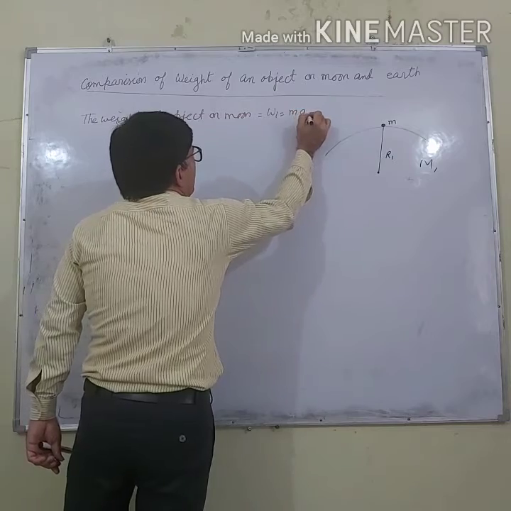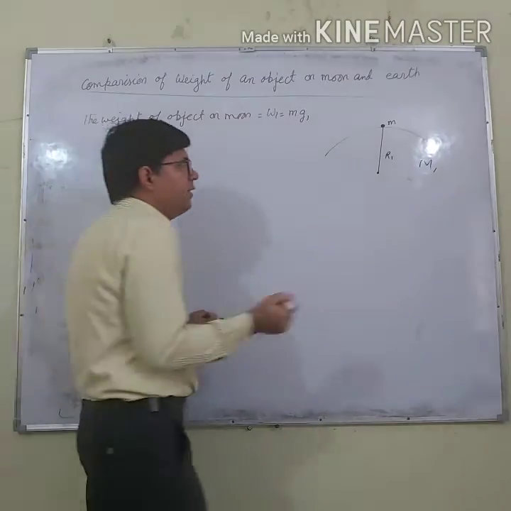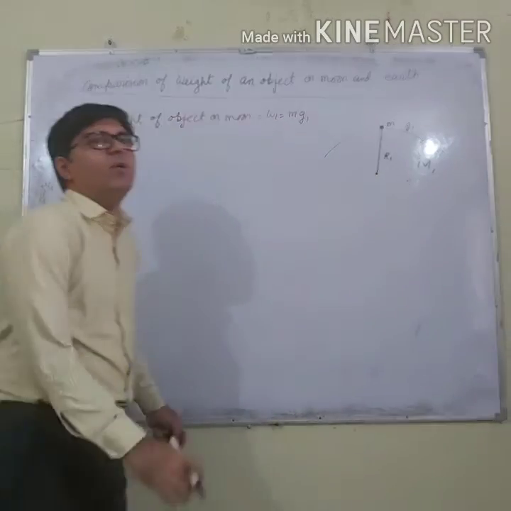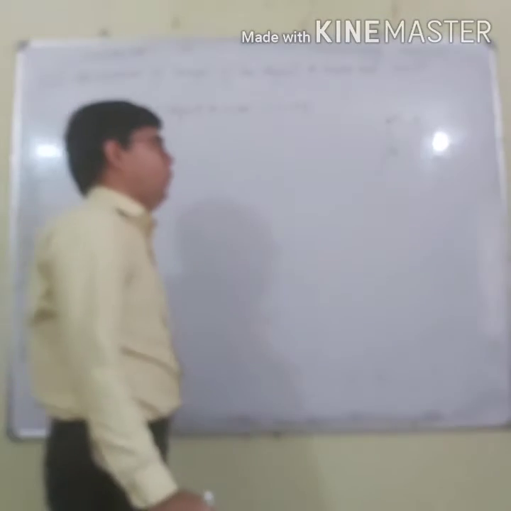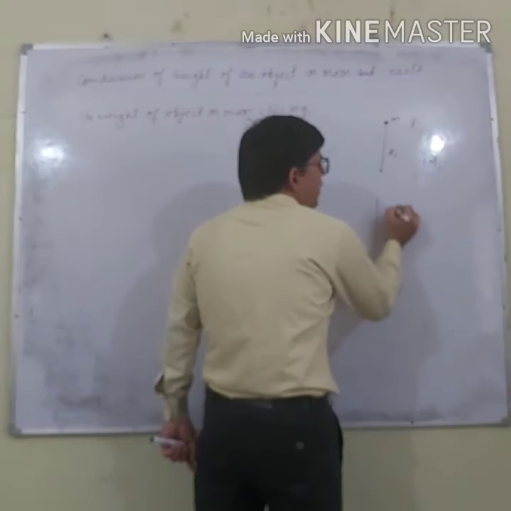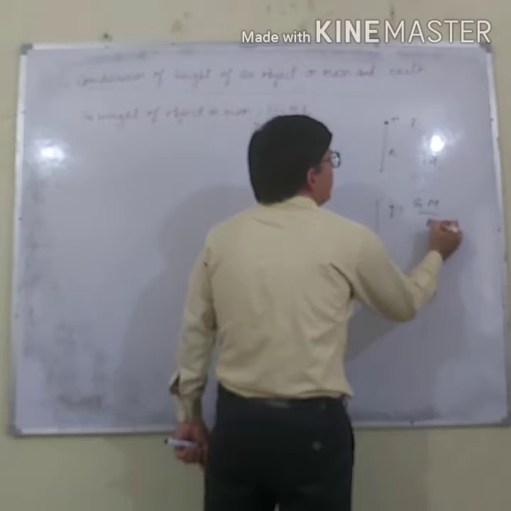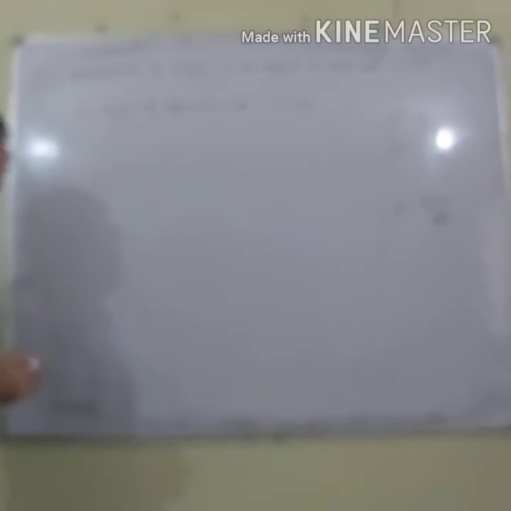W1 is equal to mg1. What is g1? g1 is the acceleration due to gravity on moon. You should remember this formula: small g is GM by r square. M is the mass of the planet, r is the radius of the planet.